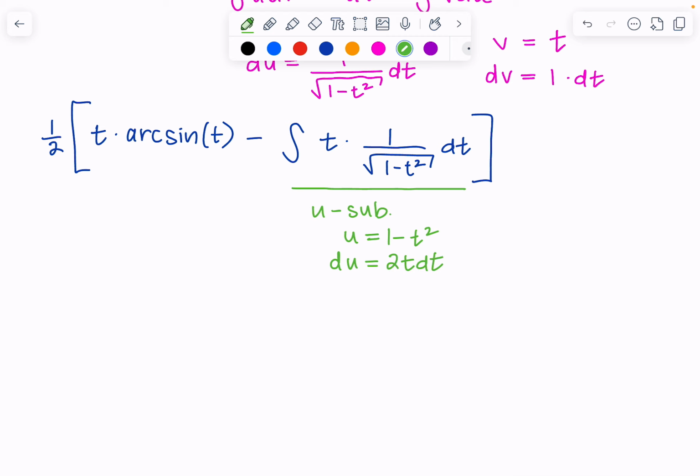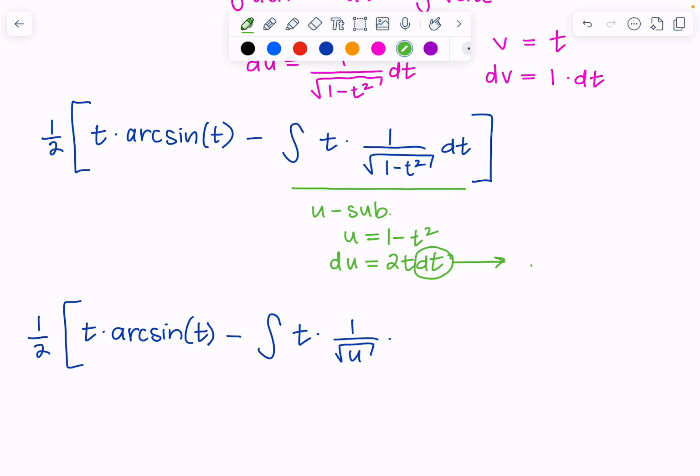And then we're going to substitute those two things in where I have that green underline. So this first part I'm just rewriting and being very careful not to mess up when I do that. So I have 1/2 t times arcsine of t minus the integral of t times 1 over the square root of u times, and then this dt part, kind of like when we did u sub before, we need to get an equation for dt.